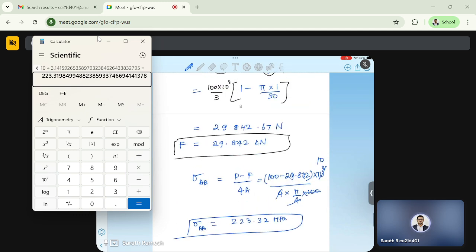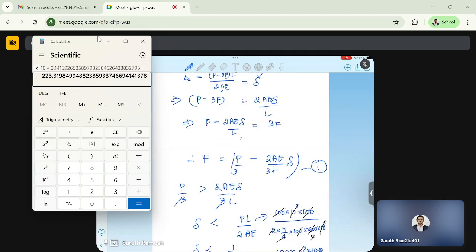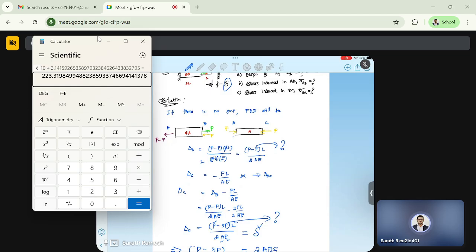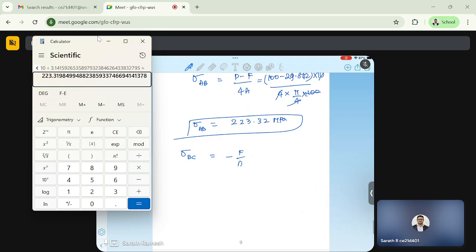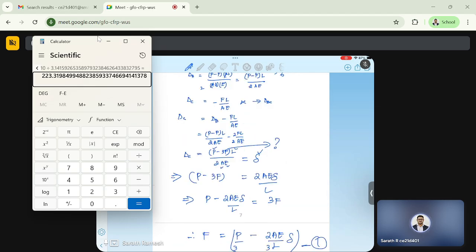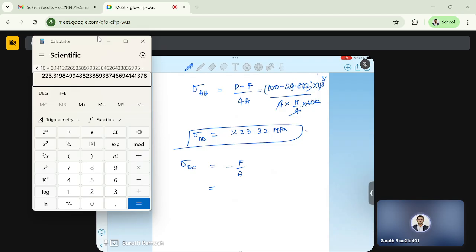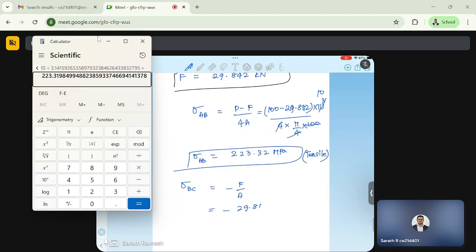Fine. So that's it. Now, what is stress in BC? We need to look at the free body. So stress in BC is a compressive stress. So minus F by A. Okay, AB is tensile and BC is compressive. So minus 29.842 into 10 power 3 divided by pi by 4 into 100.